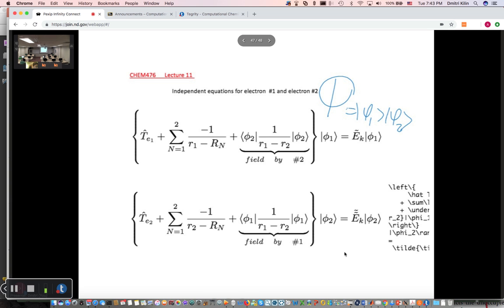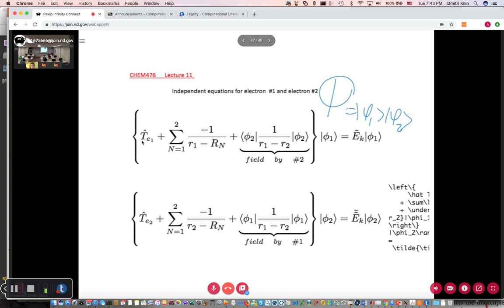On the right side, we have this E with tilde, which is defined by subtracting expectation values. Okay? And inside the curly brackets, there was a little intrigue that we declared at the very beginning of the lecture.